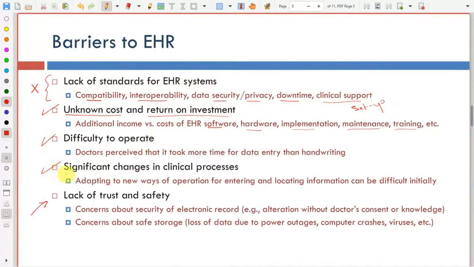Some of the things also change. Whenever you have an electronic system in the hospital, it has to change the whole clinical processes that happen in the hospital. If you're going to have an electronic prescription, for example, it would go directly to the pharmacy.